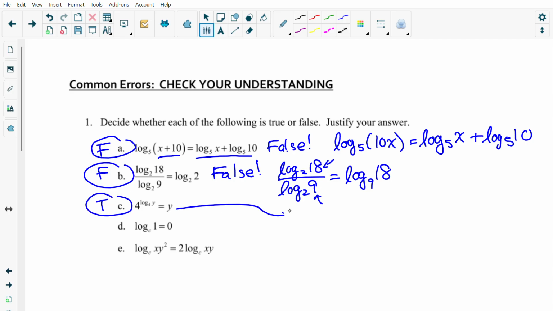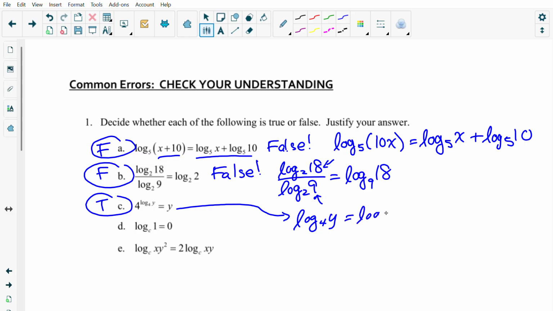So here we go. First let's convert to log form. So I take the log, and then the base of the exponent, which is 4, becomes the base of the logarithm, and then the argument is the argument from the exponential expression, which is y, and that equals the exponent.